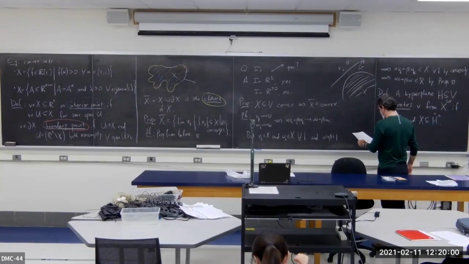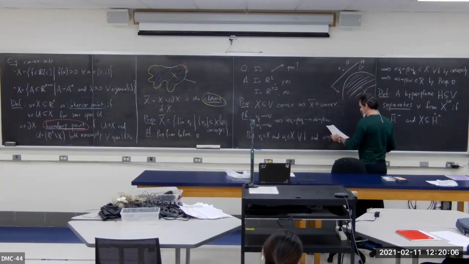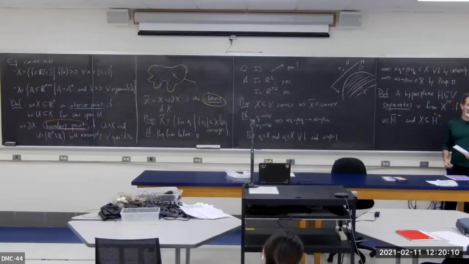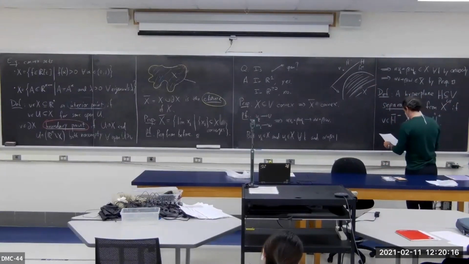So then I want to just draw the arrow like this, just to indicate that that's the positive direction. Positive direction of what, you may ask. It's the positive direction not of the hyperplane, but if there's some linear function involved, then we can define the hyperplane in terms of the linear function.